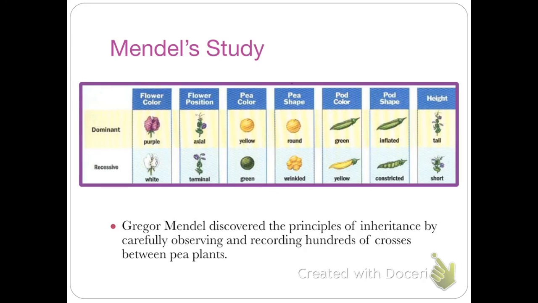And so he was able to use purebred plants and do test crosses to predict the way that a monohybrid cross would work, which is a cross where you're just considering one gene or one set of alleles. I have a short video that I'll show you about him in class, but these are the 7 traits that he focused on, and they resulted in some really incredible information that has largely influenced our understanding of inheritance to this day.